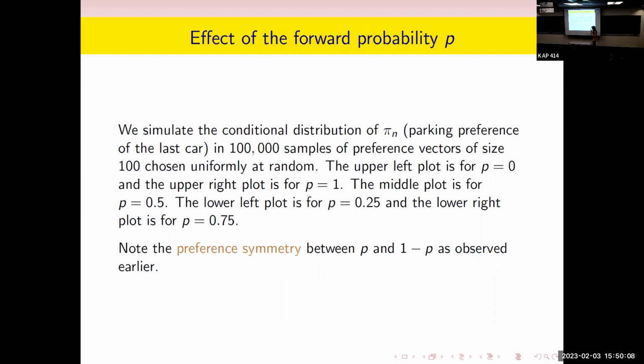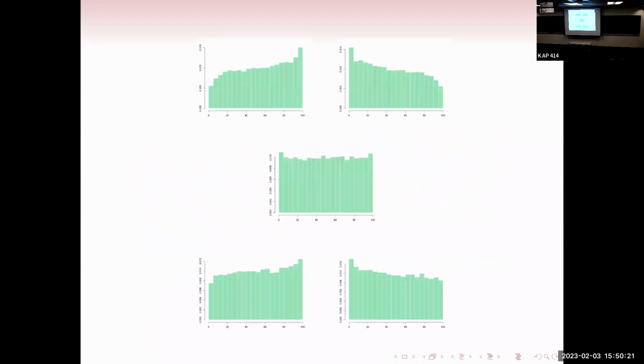So I'm going to show some simulation plots, and you will see 5 plots, upper left, upper right, and so on. These are the simulation plots. They are generated over 100,000 uniformly randomly chosen samples of parking functions.